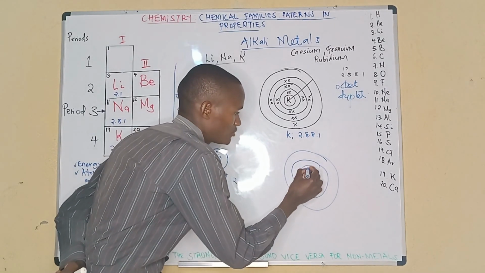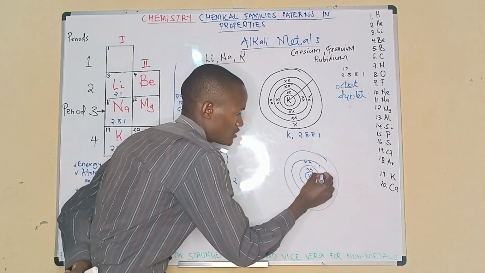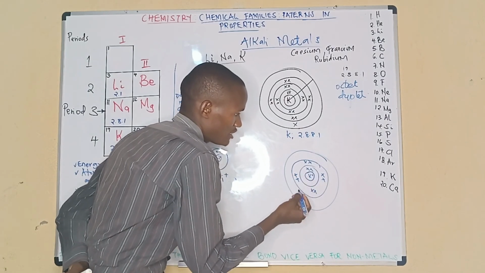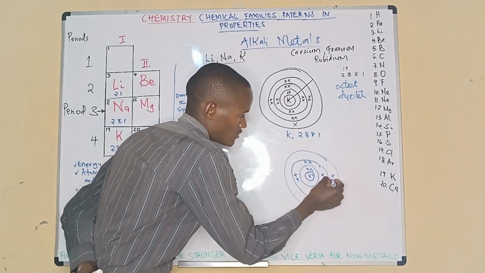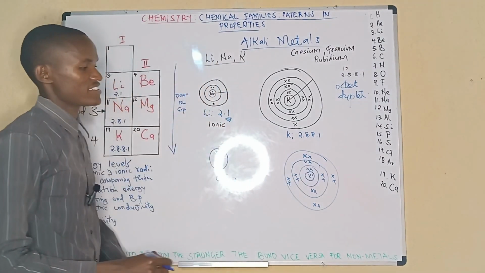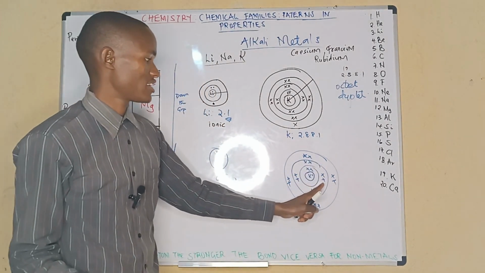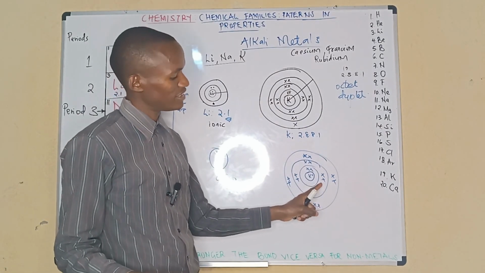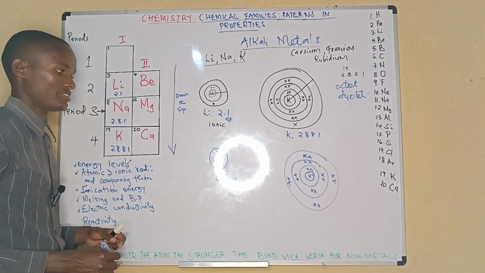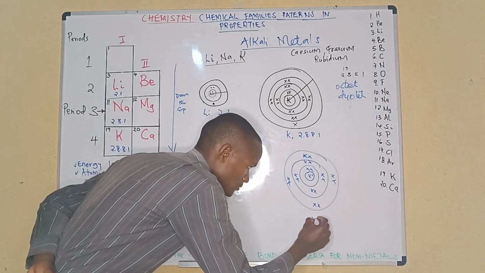Let's do them. 2 and then 8 and then 8. Yes, that will be the configuration or the diagram representation of the potassium ion. Potassium 2, 8, 8.